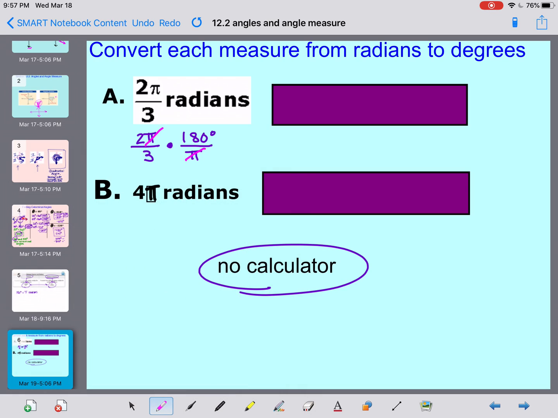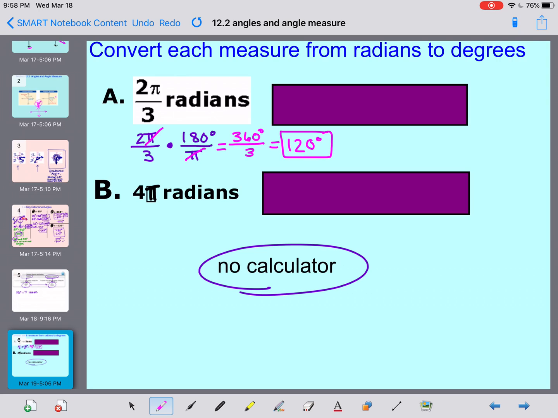And then we just did a whole unit on multiplying these rational values. You would do 2/3 times 180. So you could either cross cancel the 3 and the 180, or you could multiply across, which is what I recommend. 2 times 180 is 360 degrees divided by 3. Simplify that. The answer is 120 degrees, right?